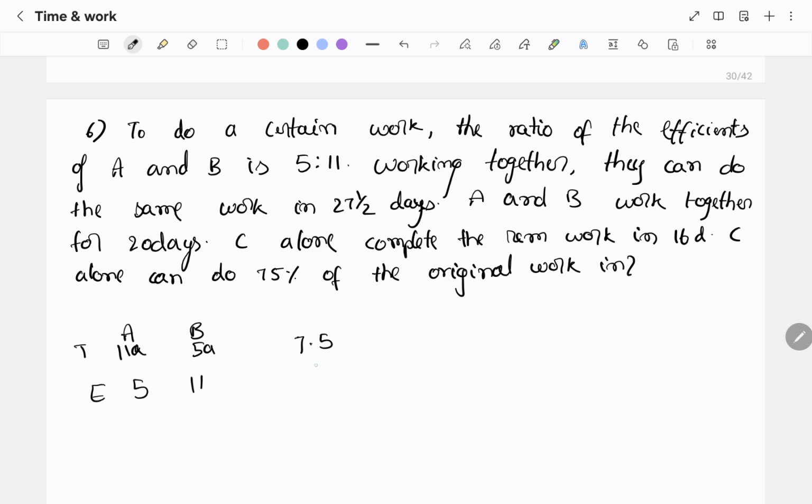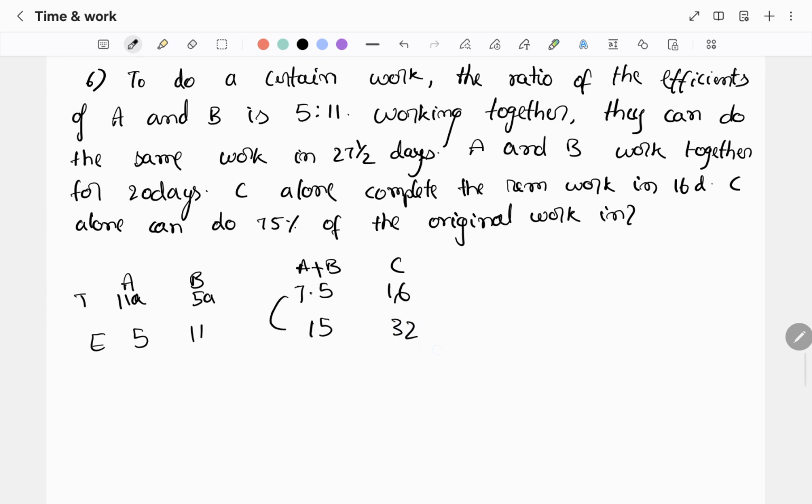See, this remaining 7.5 part, which is A plus B, C will complete in 16 days. If I remove the decimal, it becomes 15 and 32.